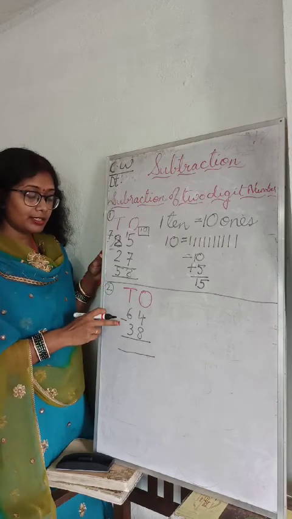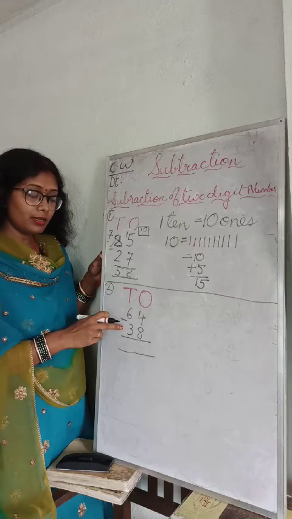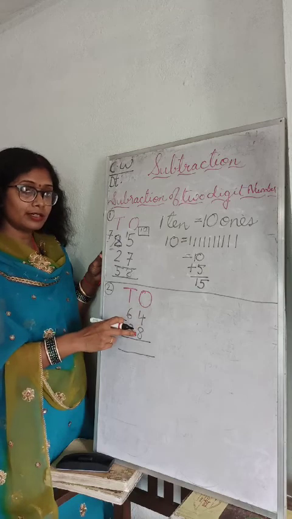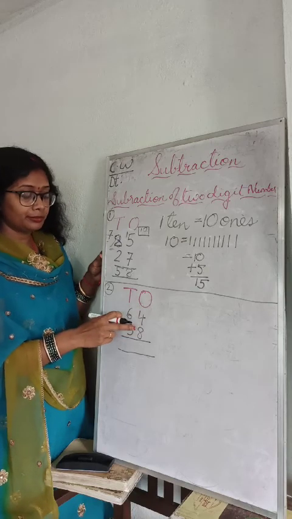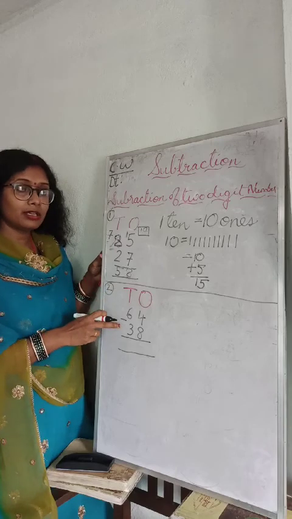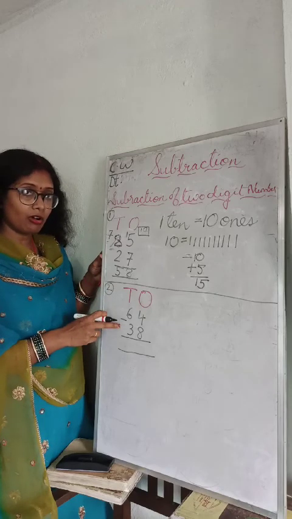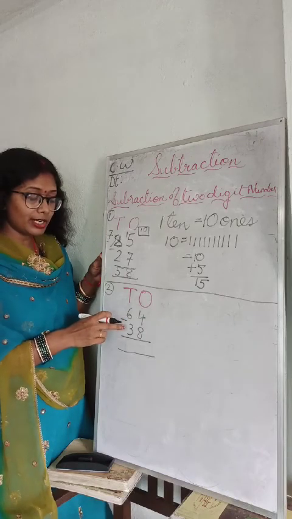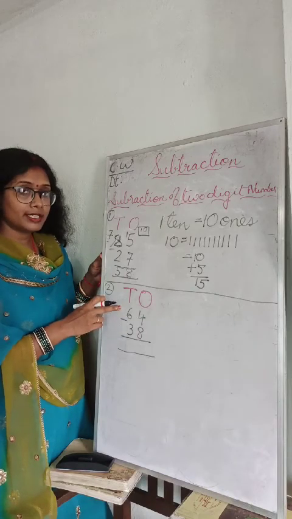We are subtracting again a two-digit number where 8 is at the ones place, that means 8 only. 3 is at the tens place, that means 3 tens or 30. And we are subtracting 38 from 64.